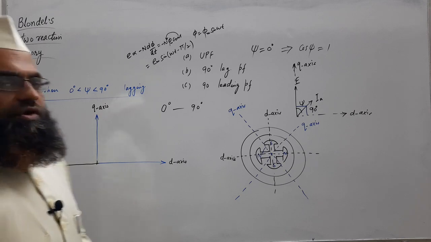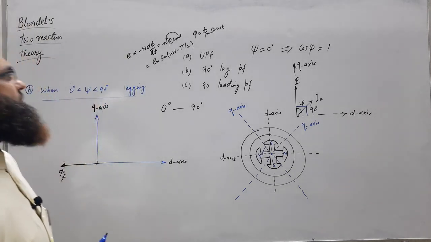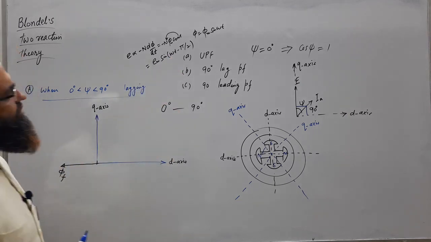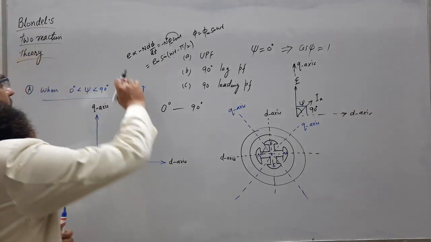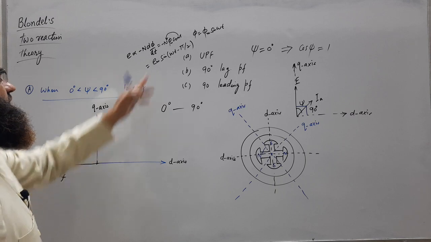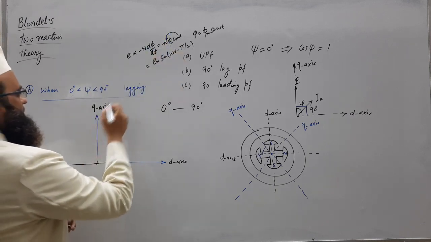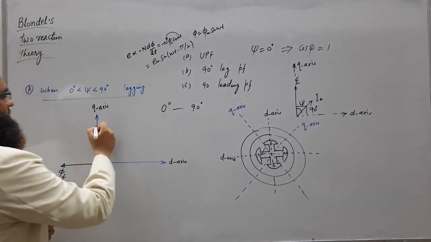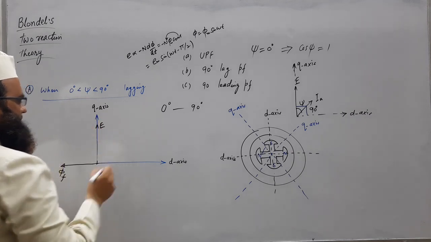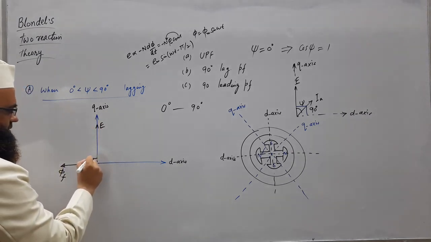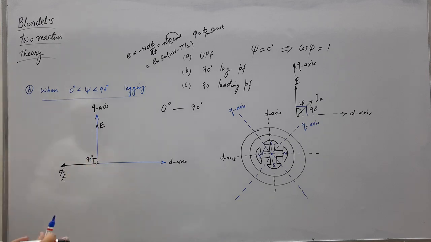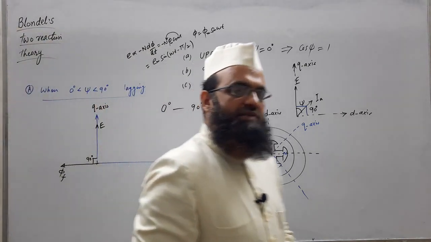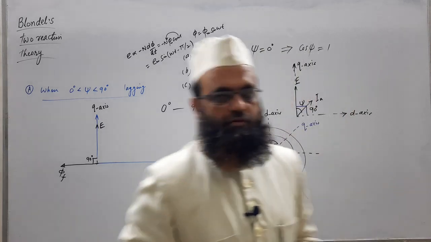We know it very well. So this induced EMF lags the main field flux in the time frame. We are talking about the time phasor diagram. So let us represent E somewhere here, lagging 90 degree electrical. If phi f lies along the d axis, obviously EMF will always lie along the q axis. Why? We know.